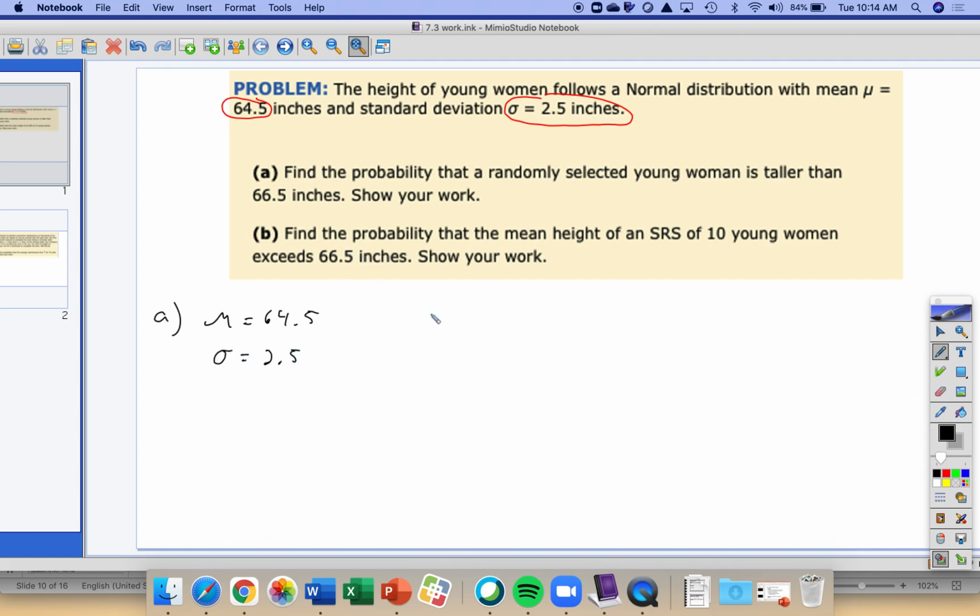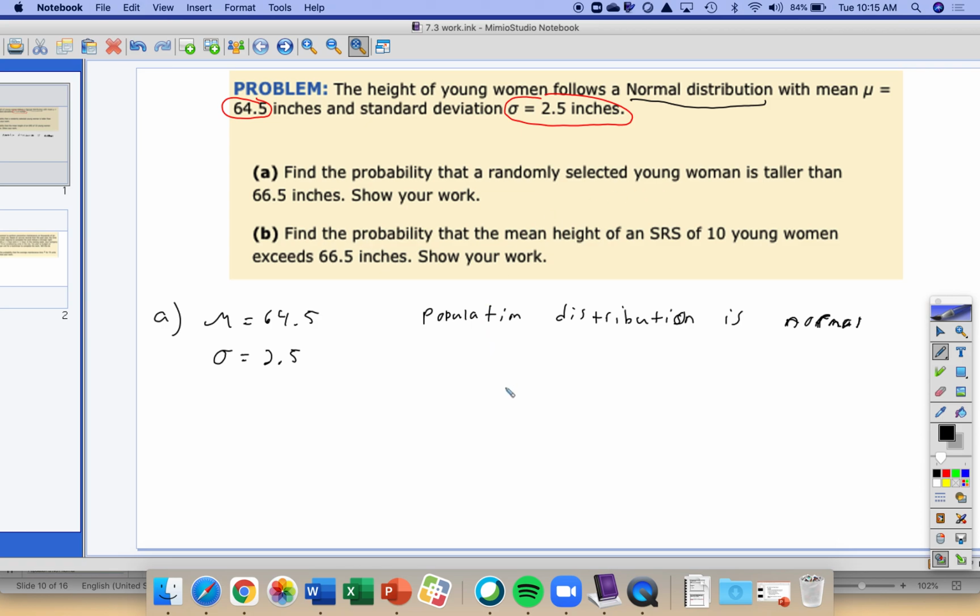And we know that the population distribution is normal. And we know that because it tells us it follows a normal distribution. So it's stated in the problem. Okay, and what you'll notice is that you're going to start writing more paragraphs for your answers instead of just numbers, because you're going to have to explain your thinking to me in a problem.